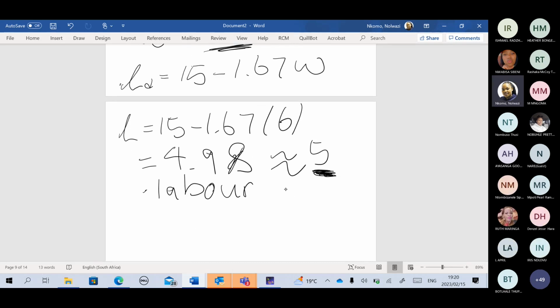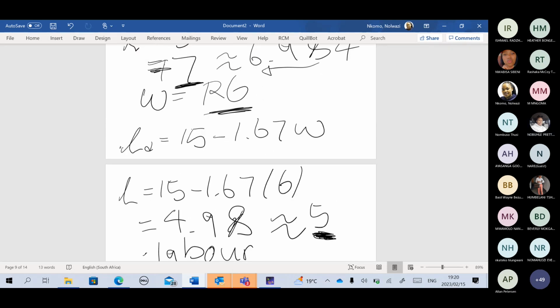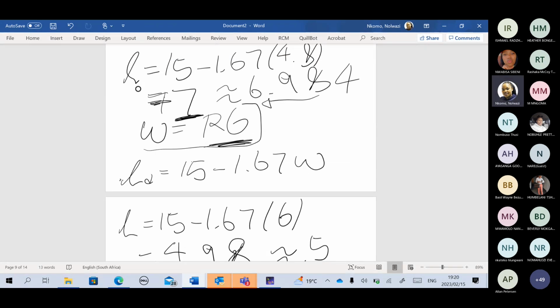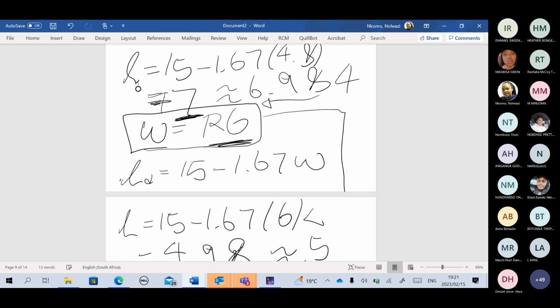This is the 6. Remember, I said the government intervened and said we cannot have wages lower than 6 rand. That's where the 6 comes from.